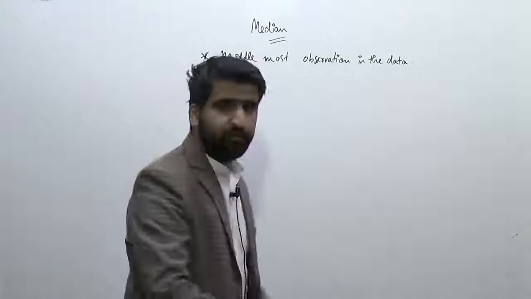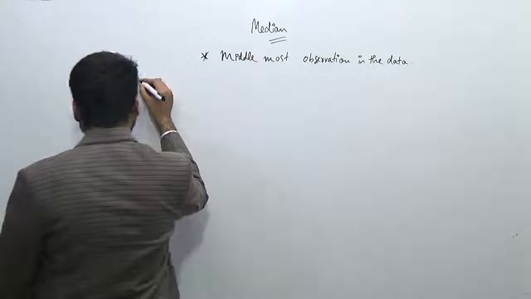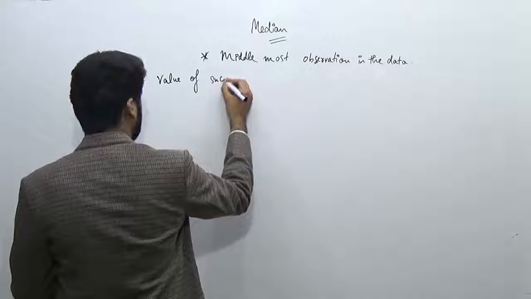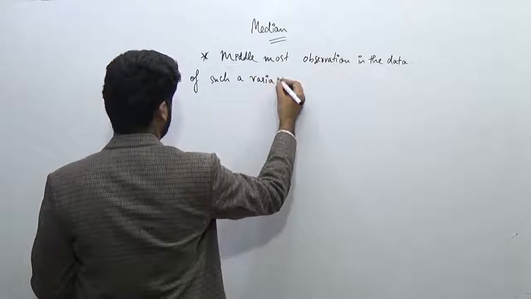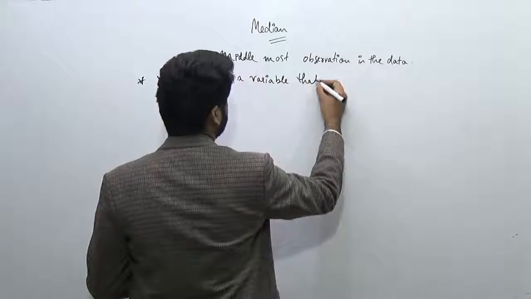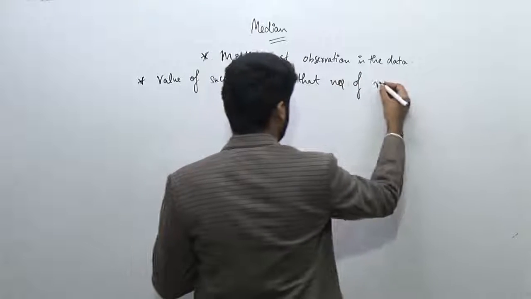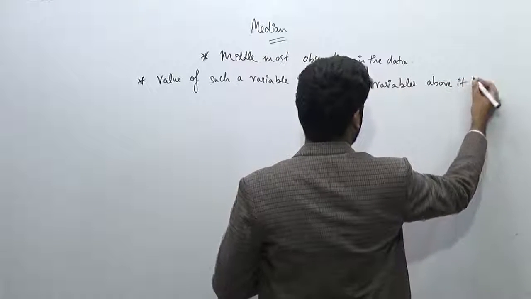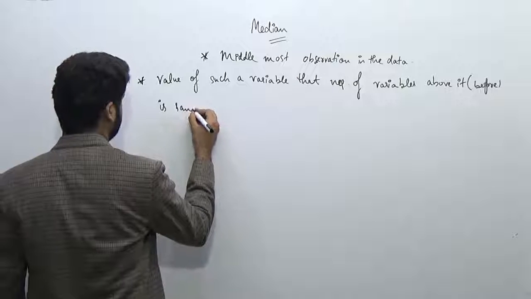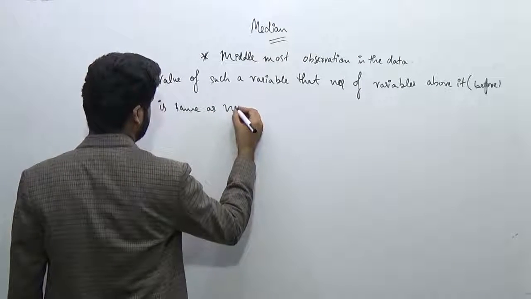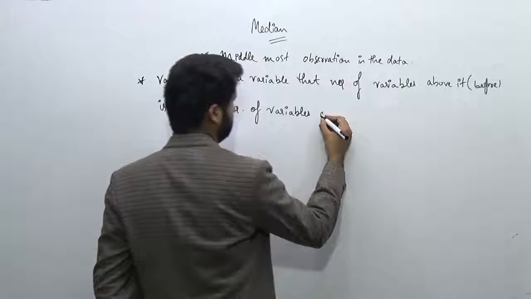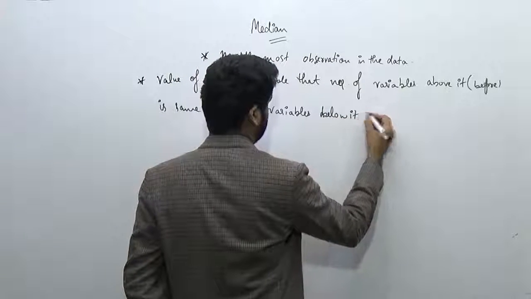Okay? Or if we want to go technically, then the definition will be: the value of such an observation, or value of such a variable, that the number of variables above it, or we can say before it, is the same as the number of variables below it or after it.